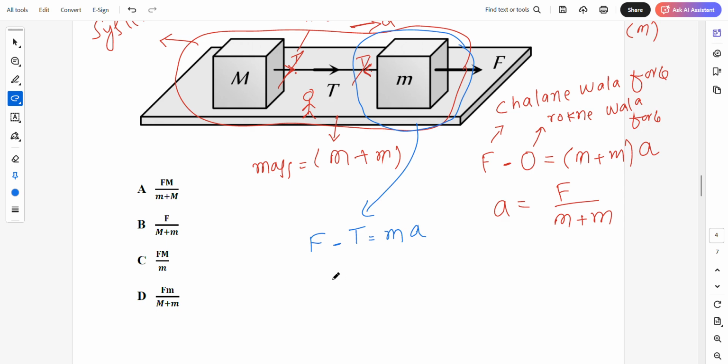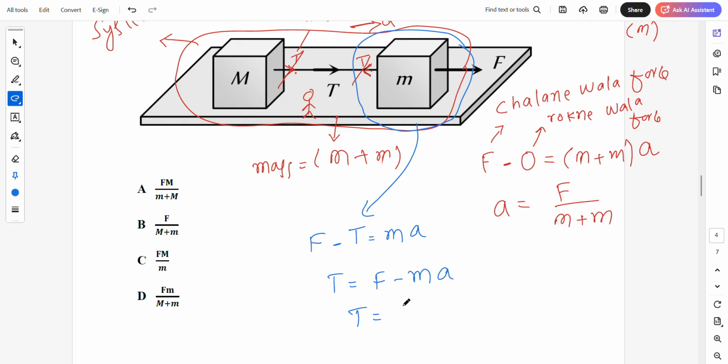Now T will be equal to what? F minus MA, because this T will be going to the right hand side.